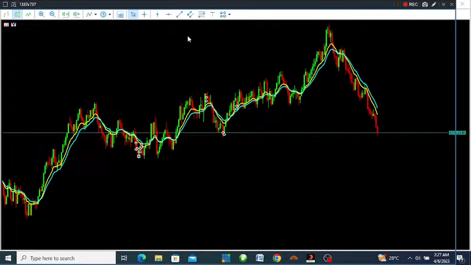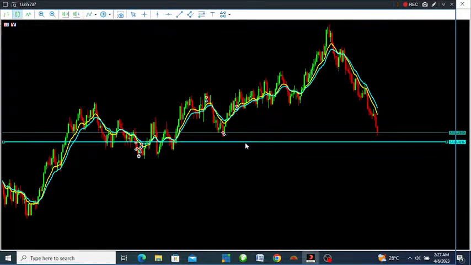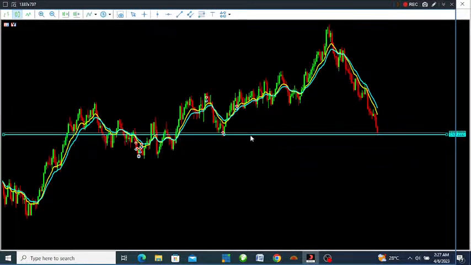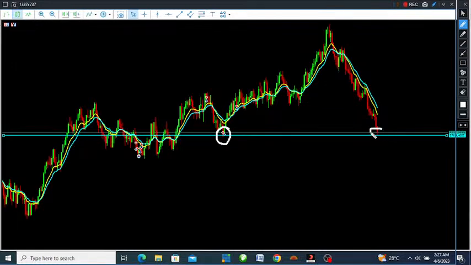So follow this, and this is the last support zone. This angle, this is the last support zone. So since this is the last support zone, once we see anything from this angle here, this was the last resistance zone.